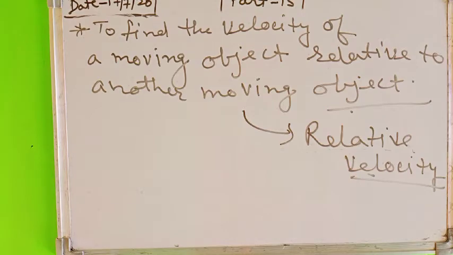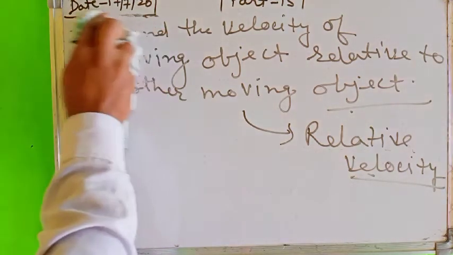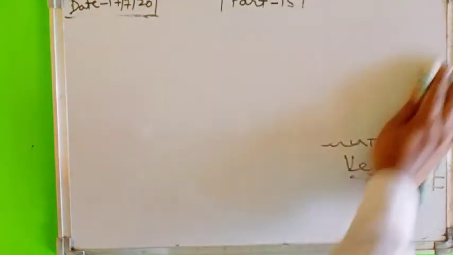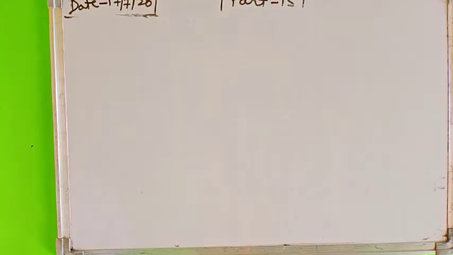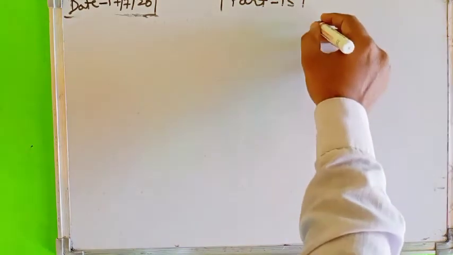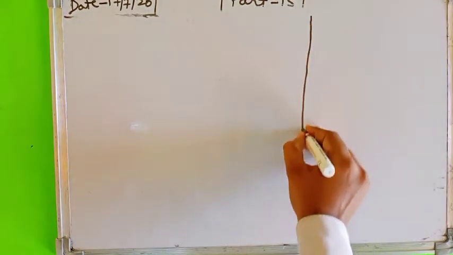Now we will consider a particle P, and with the frame of reference we will try to clear this problem of relative velocity. Look at here. I am drawing a frame.